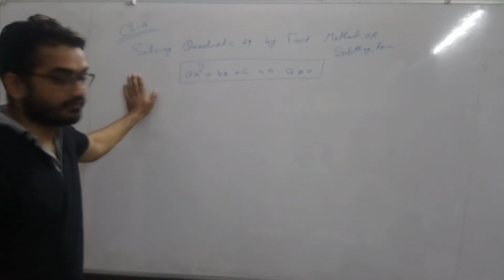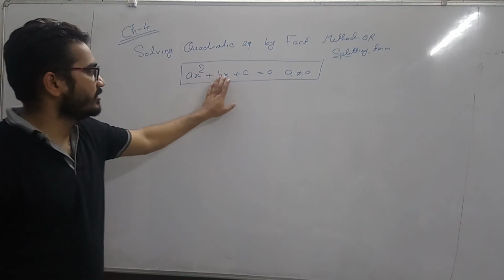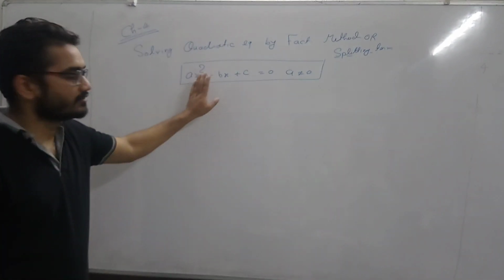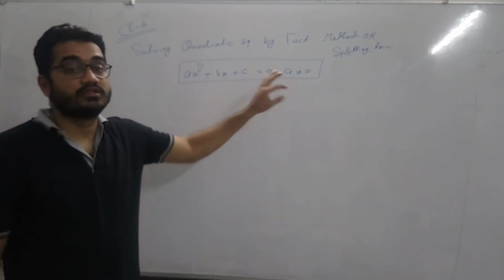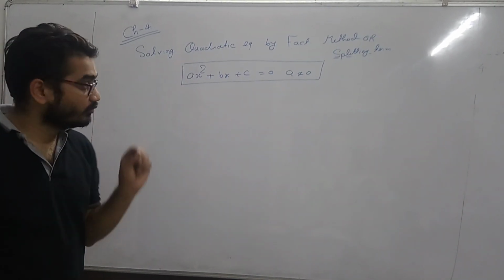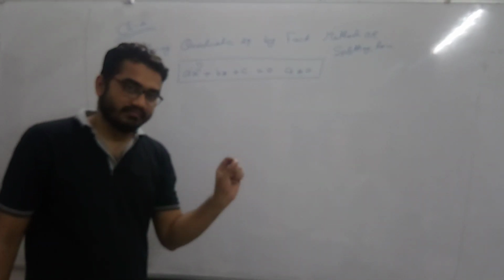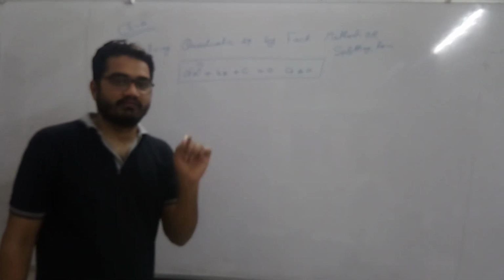The zeros of ax square plus bx plus c equal to 0 and the roots of ax square plus bx plus c equal to 0 will be the same. Roots and zeros are the same thing, we just have two different names.